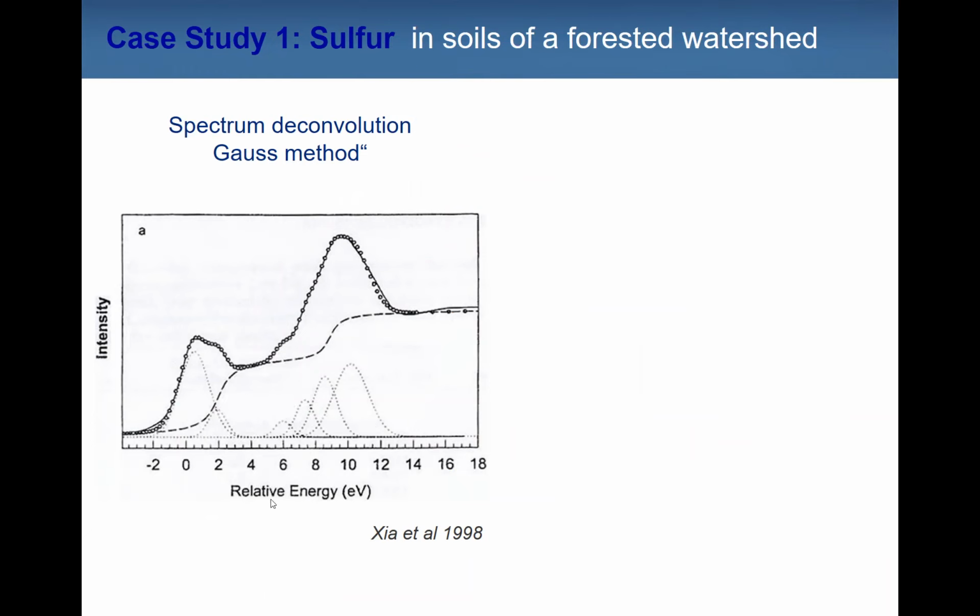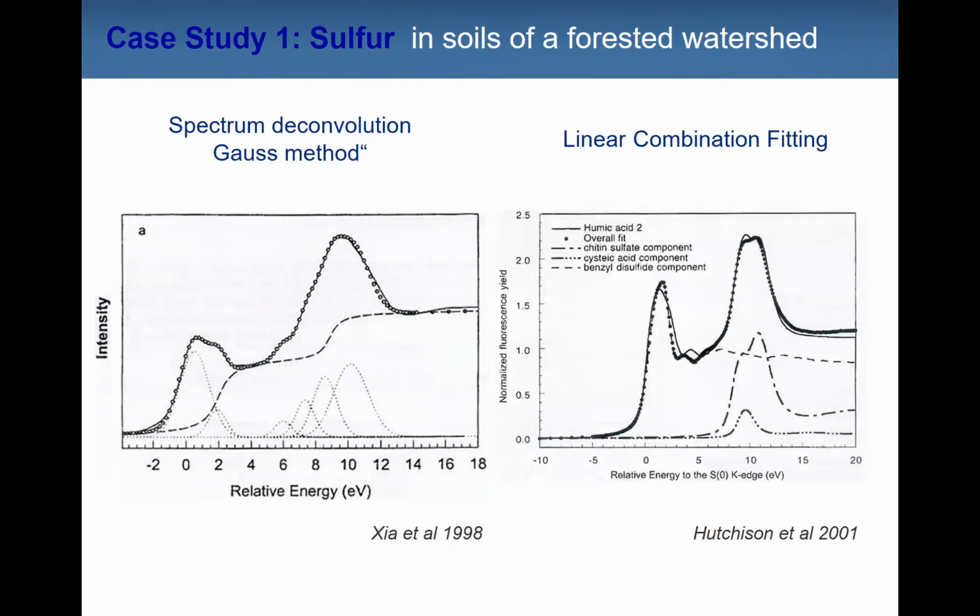And the alternative, what you can do, is to do ordinary LCF, linear combination fitting. You analyze appropriate standards, and then you try to simulate your sample spectrum by different combinations of the different standards. And when the difference between the simulation and the spectrum is minimum, then you say, okay, that's my standard combination, which probably is present in the sample.